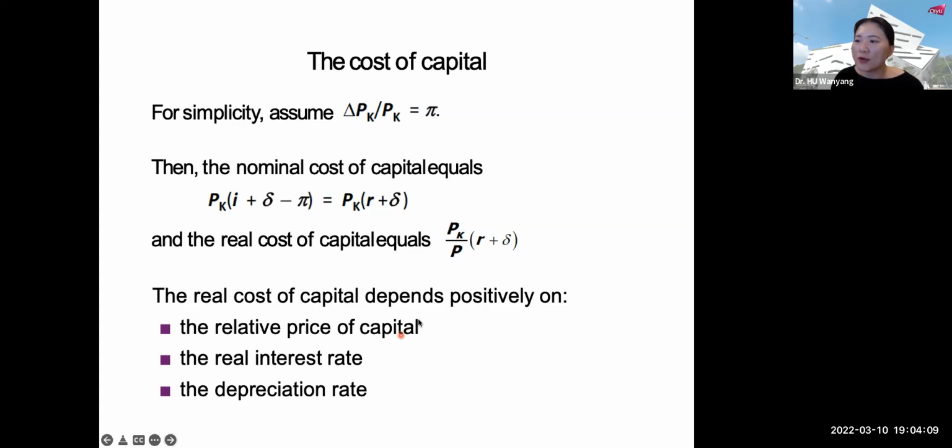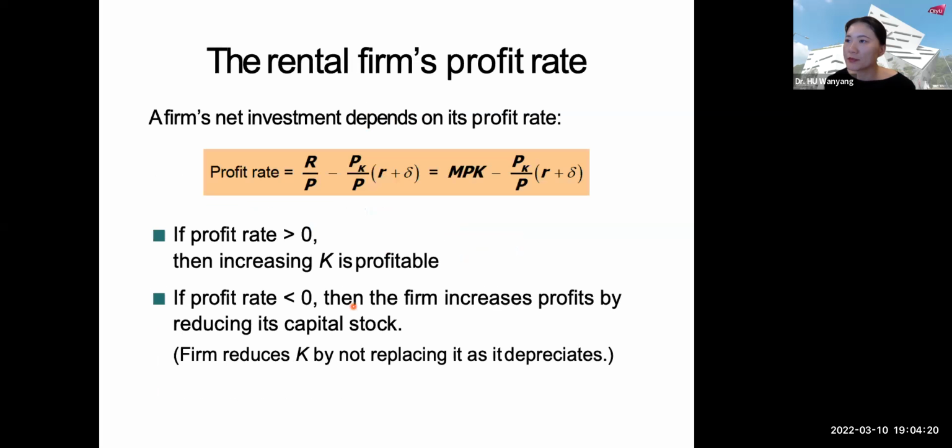Okay, so this is the most important takeaway. You want to know what factors determine the real cost of the capital. So for the net investment, whether the rental firm will make the investment, or how much investment they want to make, it actually depends on the profit rate.